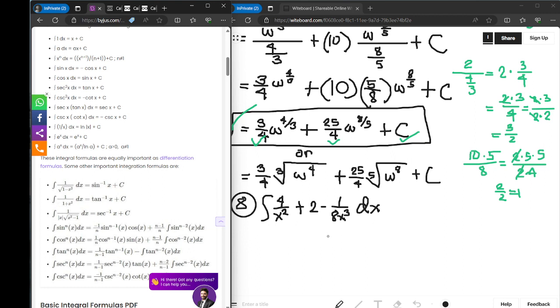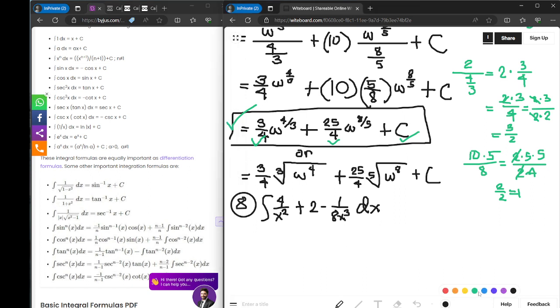If we check this one, we have only this and this one, but this is just limited to 1 over x dx. So only the integral of 1 over x dx is equal to ln of x. But the problem here is that the exponents are not 1.